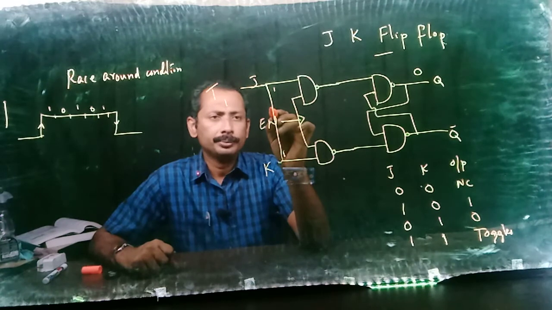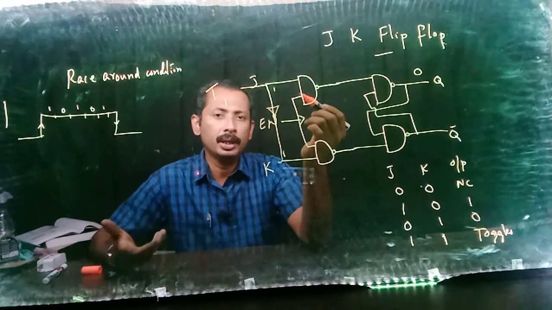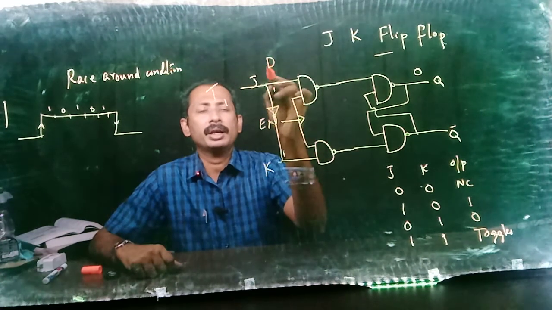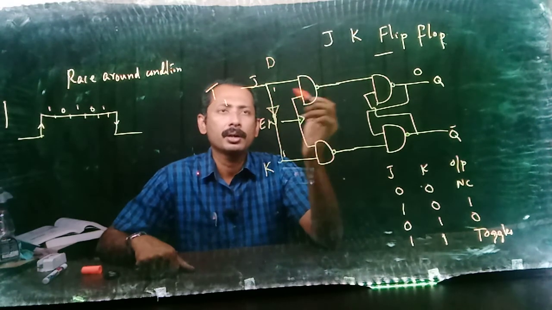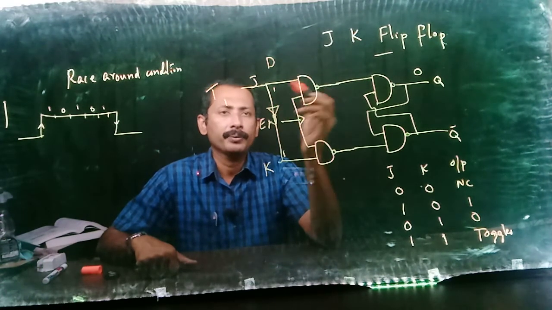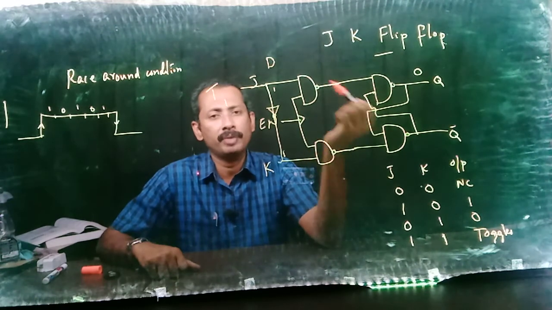Likewise, if I am shorting this using a NOT gate, it becomes a D flip-flop. Just as the SR flip-flop became D when we gave S NOT to R, if we give J NOT to K, it again becomes a D flip-flop.